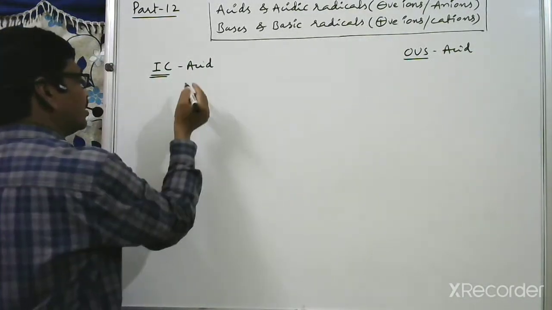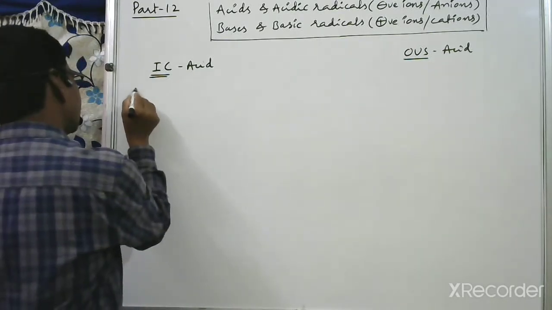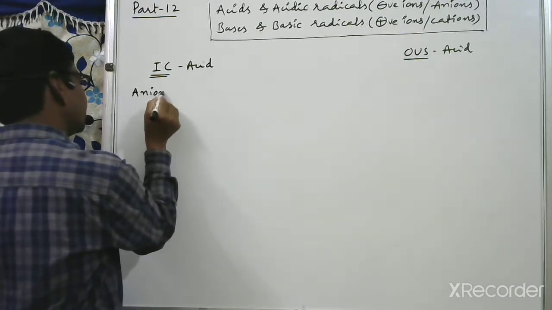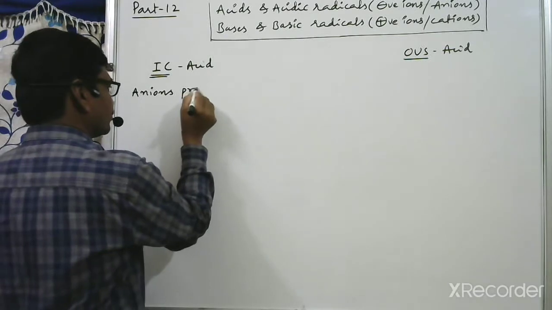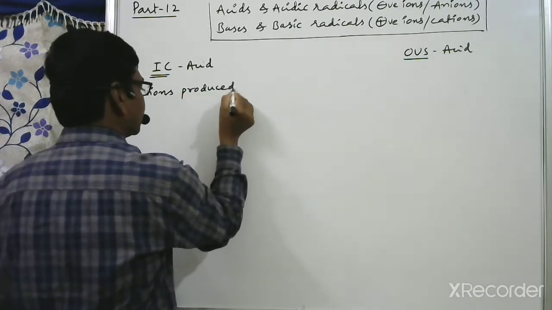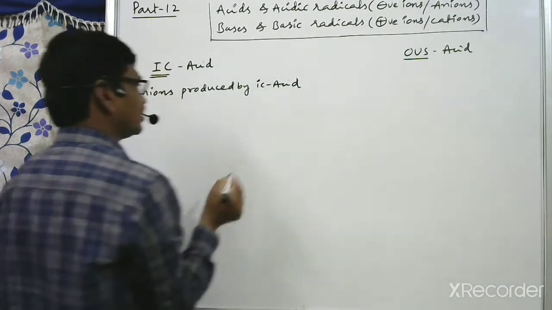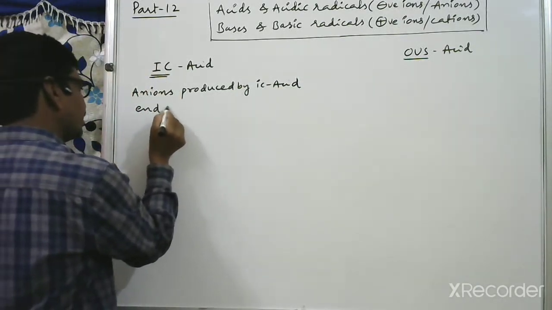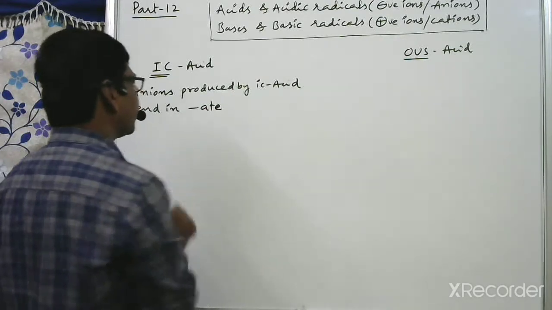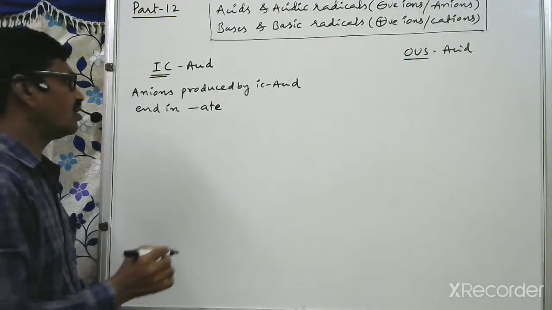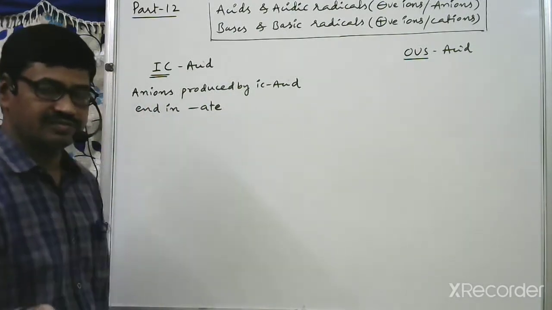Ic acids and ous acids. So here acids produce negatively charged ions. So first I am writing anions produced by ic acids end in ate. It is ATE, ate ion. Anions produced by ic acids end in ate while pronouncing.